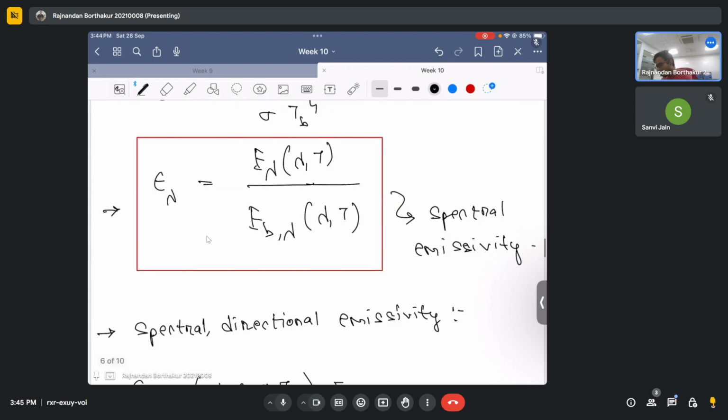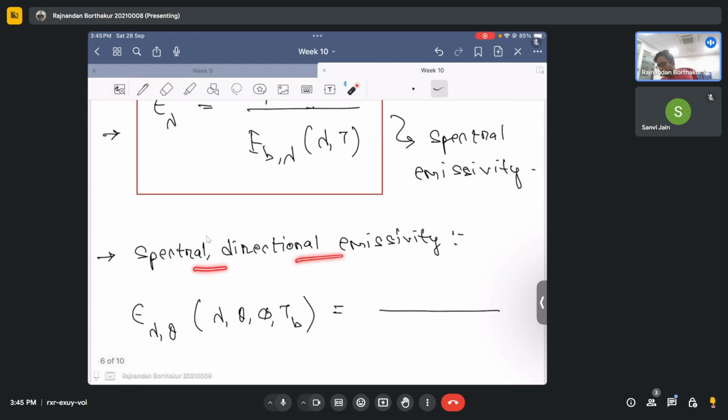With a one-step simplification, you can write your spectral power in terms of your directional properties. If you integrate over the entire direction, you get your spectral power. And then you can define your directional property in terms of this spectral directional emissivity. It's the same drill that we need to do again and again. We start from the total properties and slowly step down to the specific properties. For instance, we started off with total hemispherical emissivity, came down to the spectral emissivity, and one step below we come to the spectral directional emissivity.